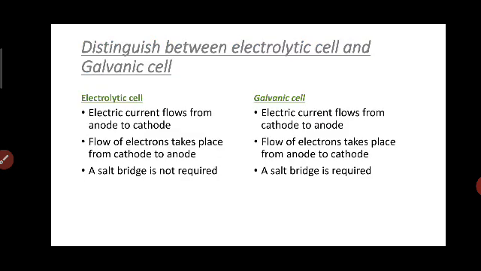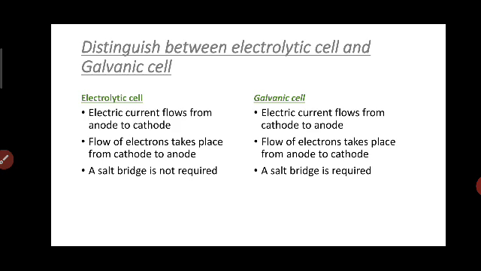So in the electrolytic cell, the electric current flows from anode to cathode. Why does the current flow from anode to cathode in the electrolytic cell? Here the cathode is giving the electrons in the electrolytic cell.